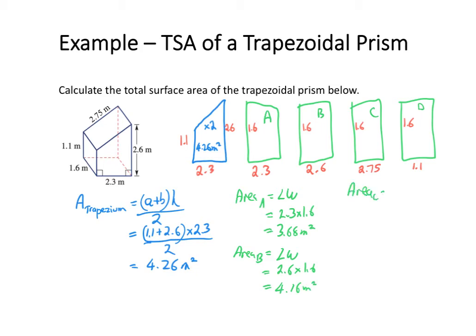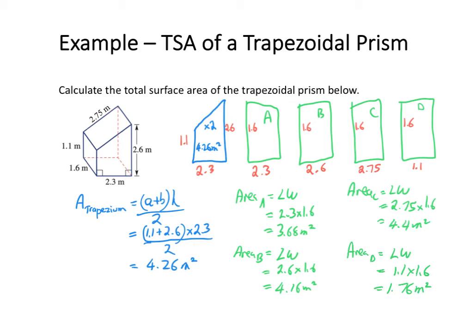Area of C is 2.75 times 1.6, which equals 4.4 meters squared. And area of rectangle D is 1.1 times 1.6, which equals 1.76 meters squared.